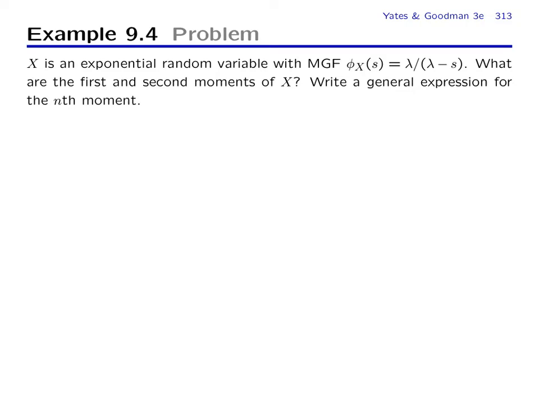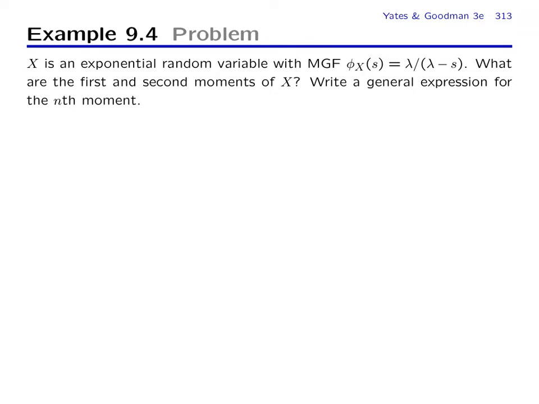And if you use these MGFs a lot, they become familiar to you. So for instance, in this problem, we talk about an exponential random variable X, and we say its moment generating function is lambda over lambda minus s. In the book, you'll find a whole table of common moment generating functions, of which this is one.